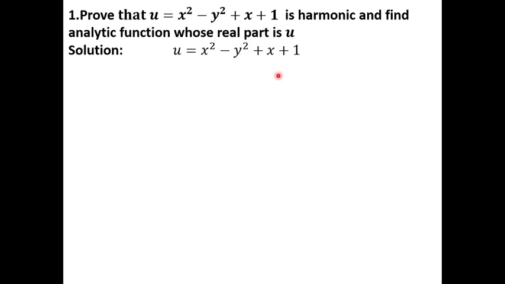Dou u by dou x is 2x minus 0 plus 1 plus 0, because y square is a constant, its derivative is 0. Therefore dou u by dou x is equal to 2x plus 1. And dou u by dou y is minus 2y, because the others are variables of x and are treated as constant.